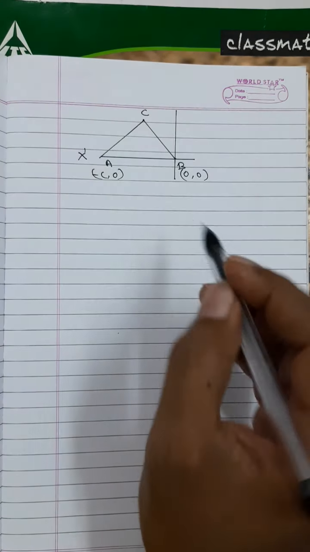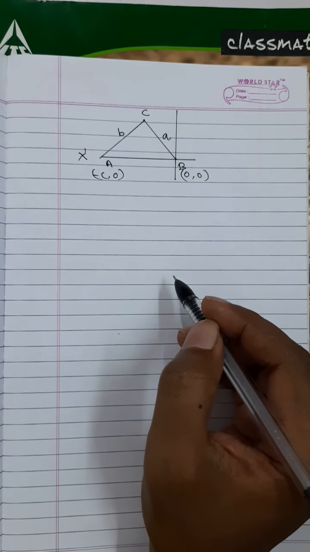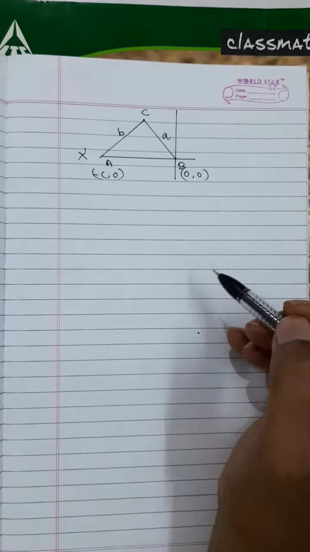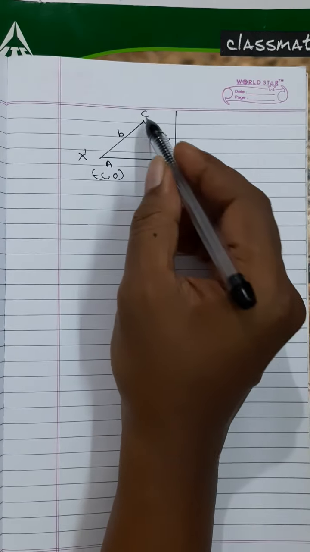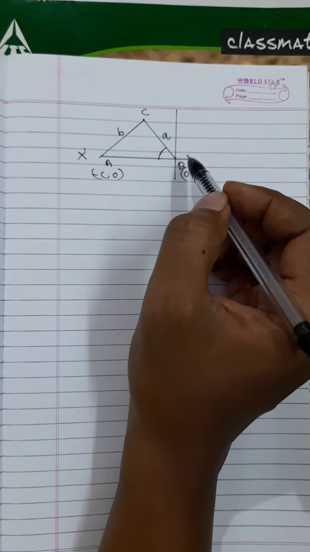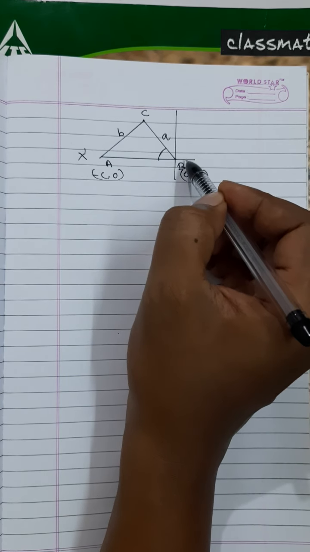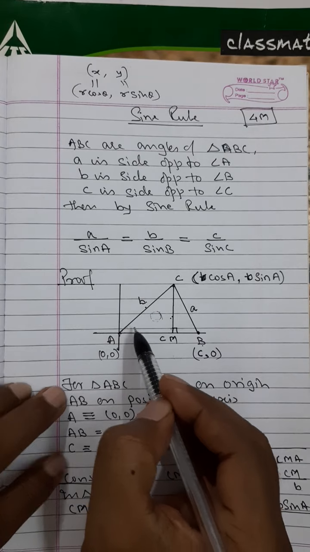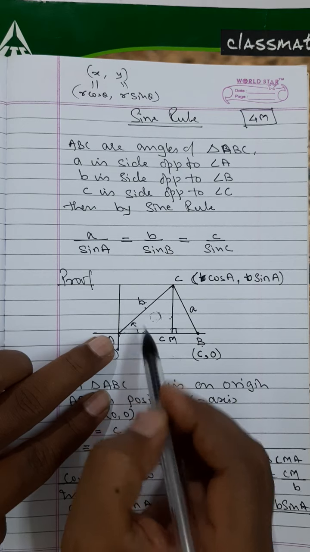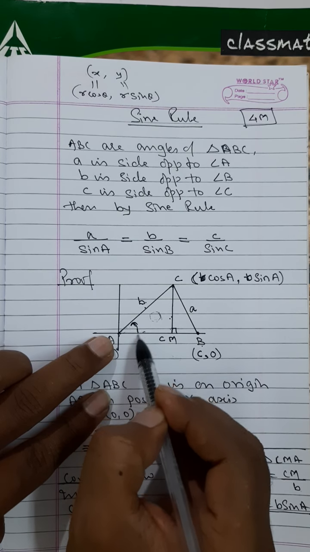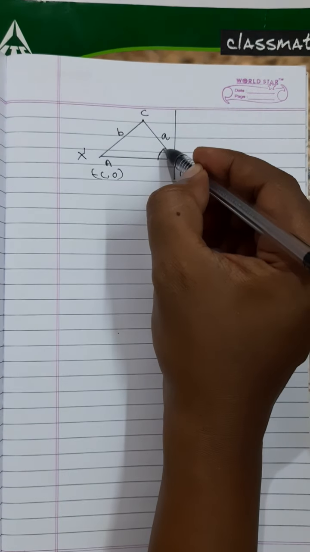Now this will be A, this will be B. To consider the coordinates of C, see what this angle will be first of all. Of course it is B, some theta B, but we can't consider it directly. Earlier I could take angle A because it makes the angle with the x-axis, the nearer angle to the x-axis. But here the nearer angle to the x-axis is actually this one.